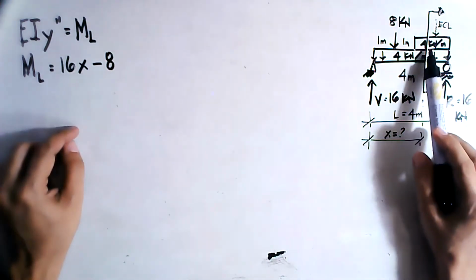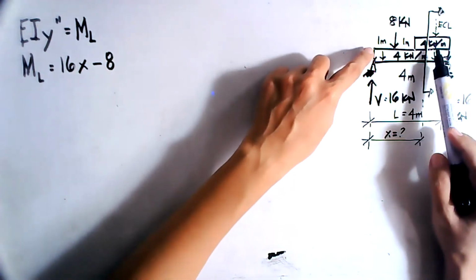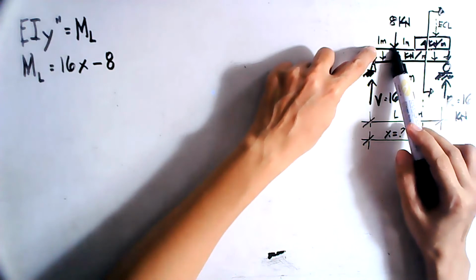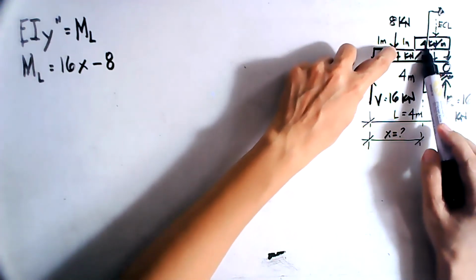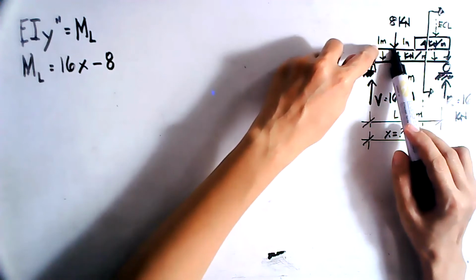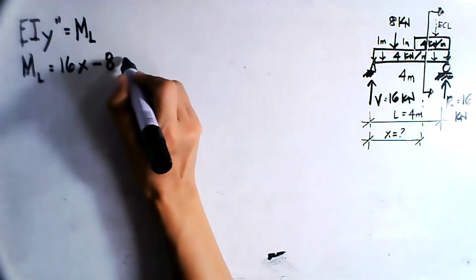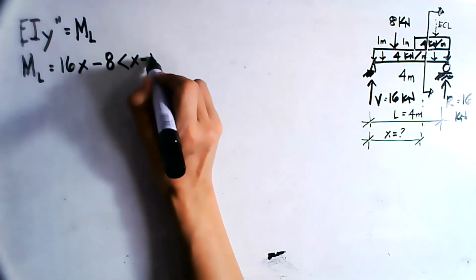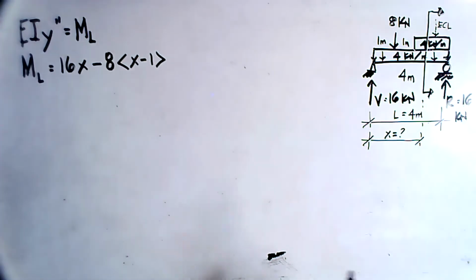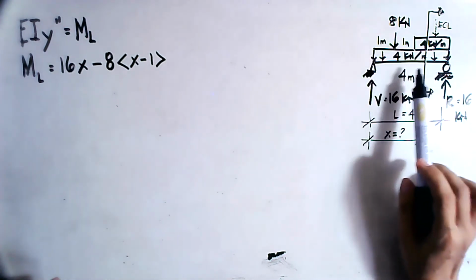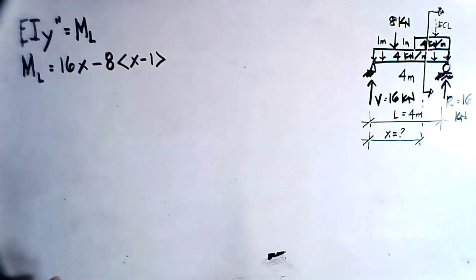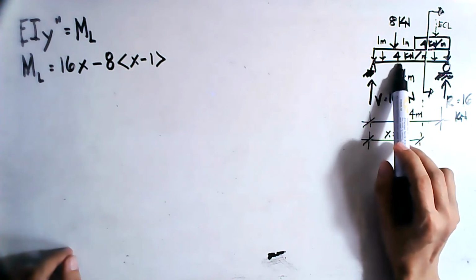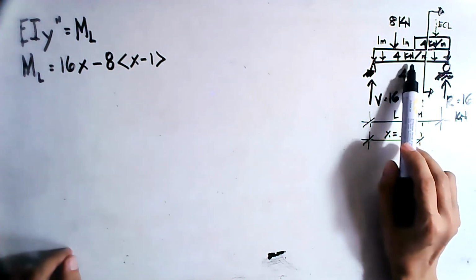And then you would notice that the distance of 8 kilonewton from here, if this is x and this is 1, then this distance will be x minus 1. So we are going to write it in the pointed bracket, x minus 1, which is the perpendicular distance of 8 kilonewton from the cut section. And then we have 4 kilonewton per meter.